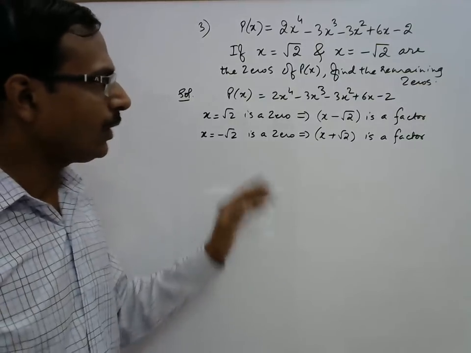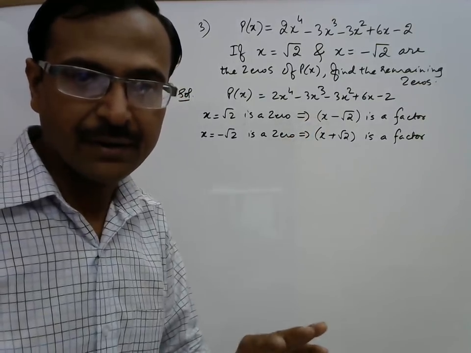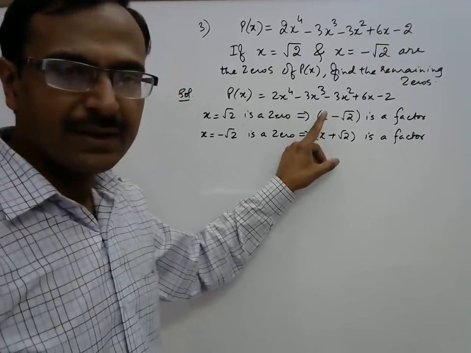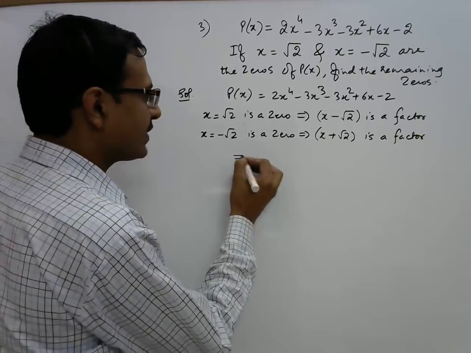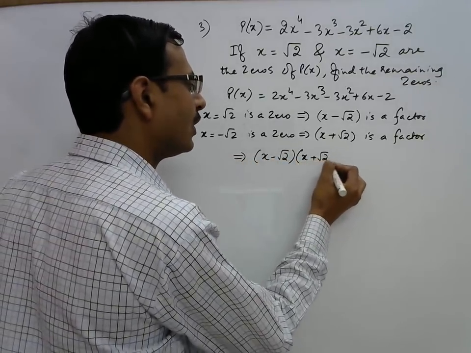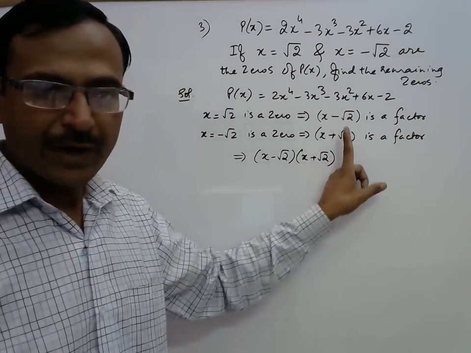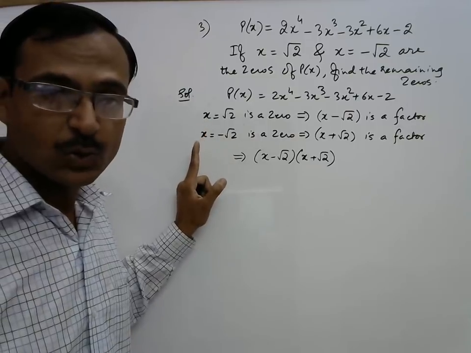Okay. Now, how to convert two factors into a single factor? Now, what we will do is, these two factors are already there. Now, we will multiply these two factors. Now, see, x minus root 2 into x plus root 2. We will multiply these two factors which we have got from the given zeros.